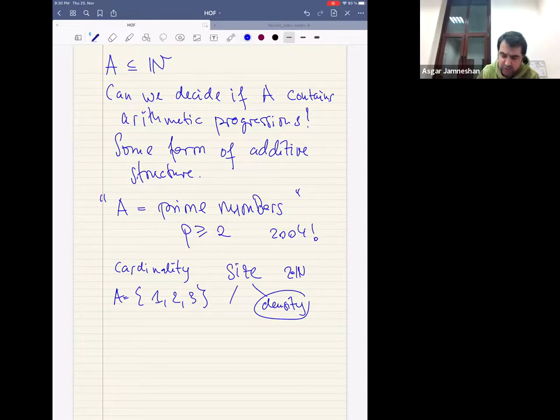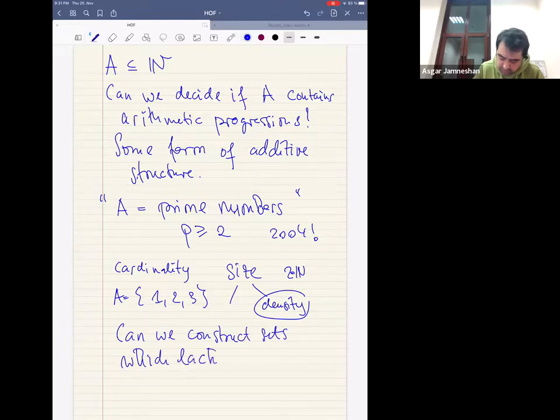We can also turn this question around and ask the inverse question, which is actually a reformulation of the same question. Can we construct sets which lack arithmetic structures?